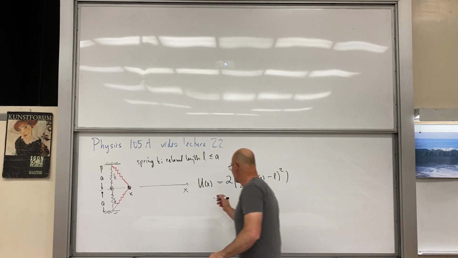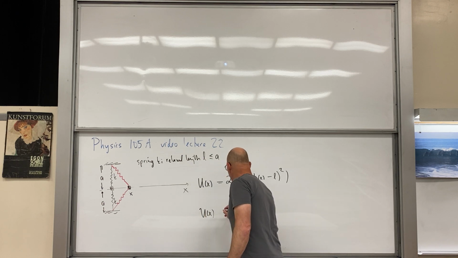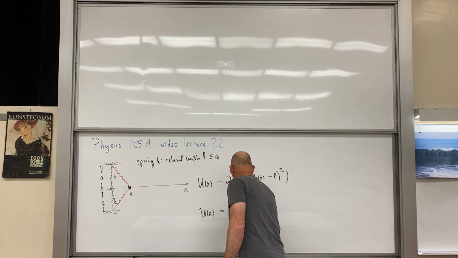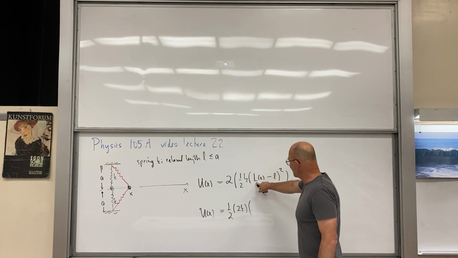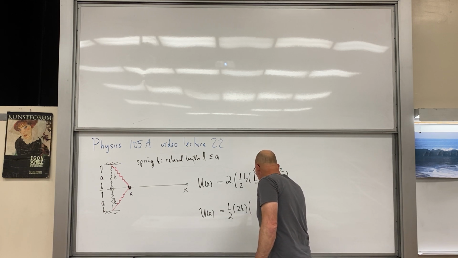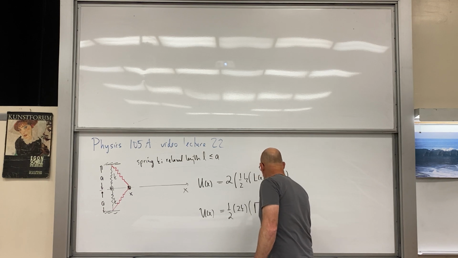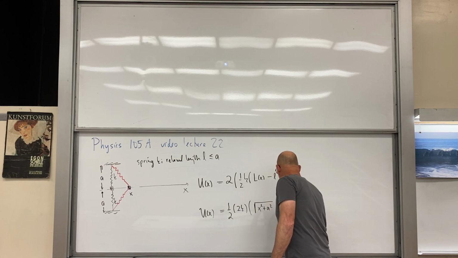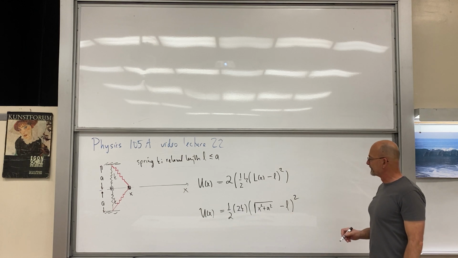So now we can put it into a standard form. And I'll pull the 1/2 out. Got the 2K. And then we're going to square this thing here, so that is square root of x squared plus a squared minus L, the quantity squared.